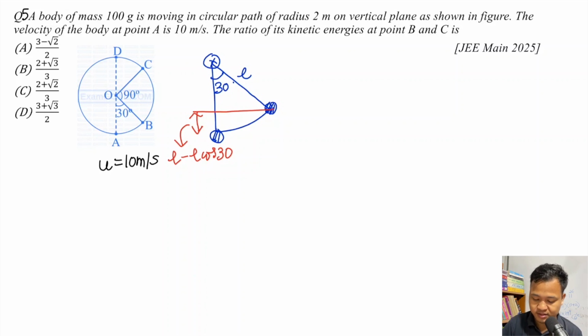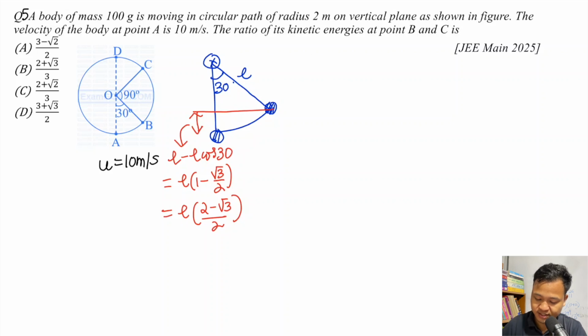I explained this in the previous question, where we subtract from the total. So this is L cos 30. Here you'll have L into 1 minus cos 30, which is L into 2 minus root 3 by 2, right?